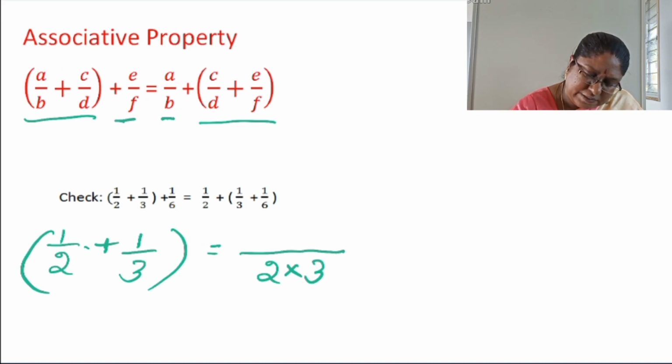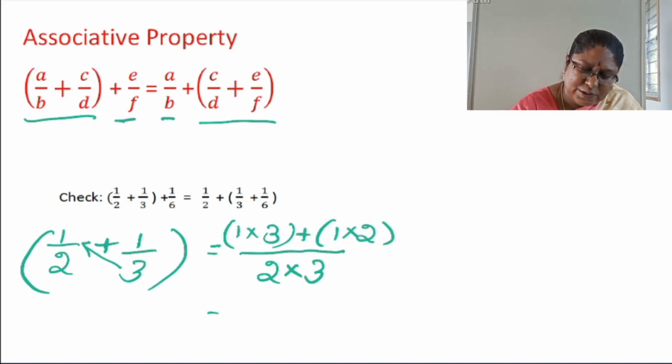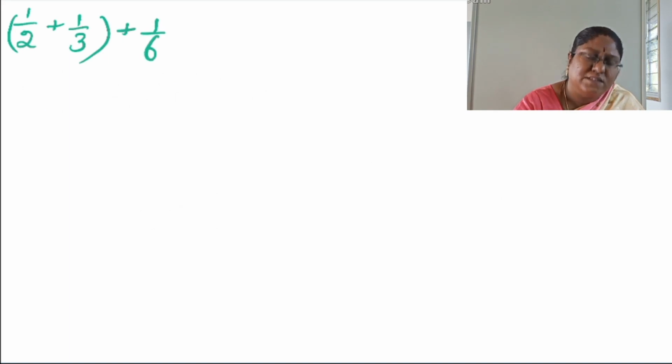Next cross multiply, this 1 3s are, plus cross multiply. So what's the answer you will get? 3 plus 2, 5 by 6. 5 by 6. But it's not over till it is there. With that, which you should add. Next, 1 by 2 plus 1 by 3 plus 1 by 6.